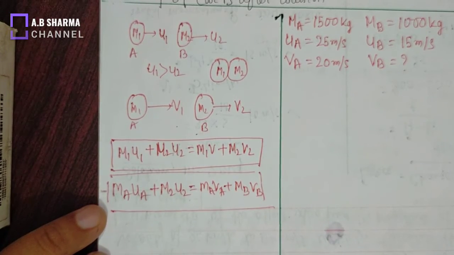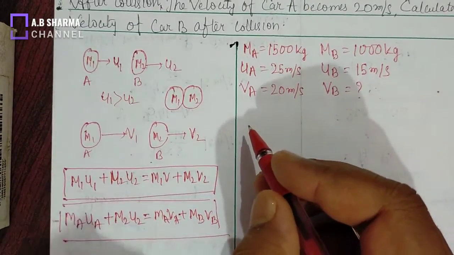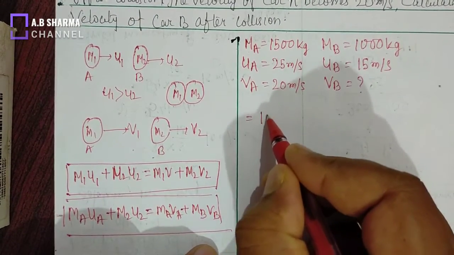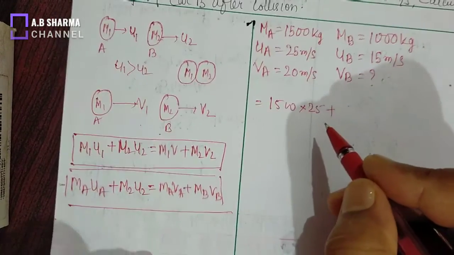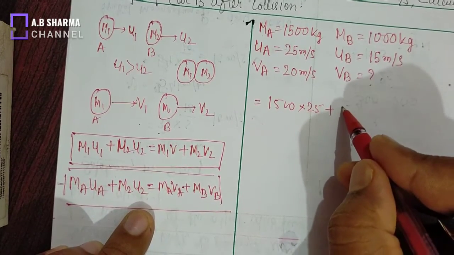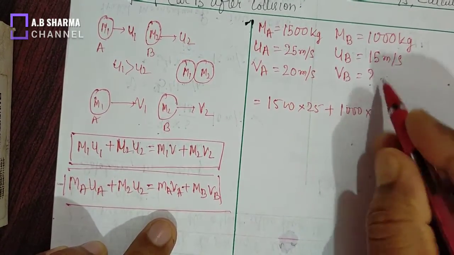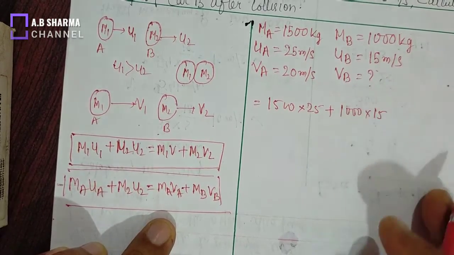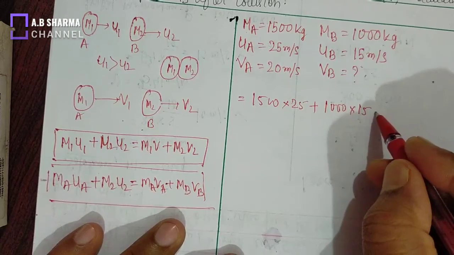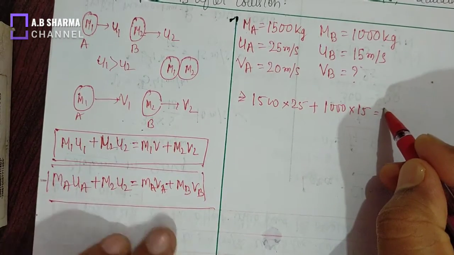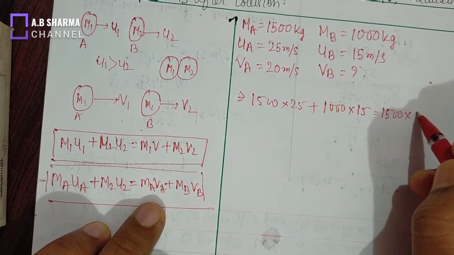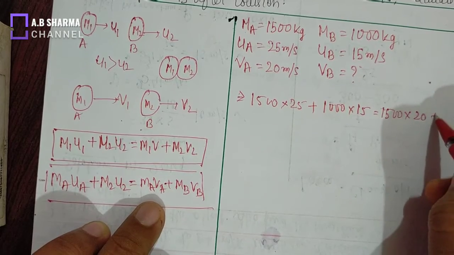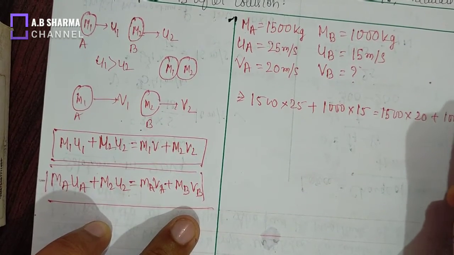Put the values in this formula: 1500 multiplied by 25 plus 1000 multiplied by 15 equals MA is 1500 and VA is 20, plus MB is 1000 and VB is not given.